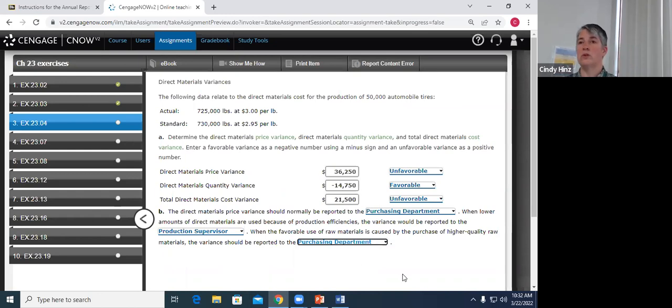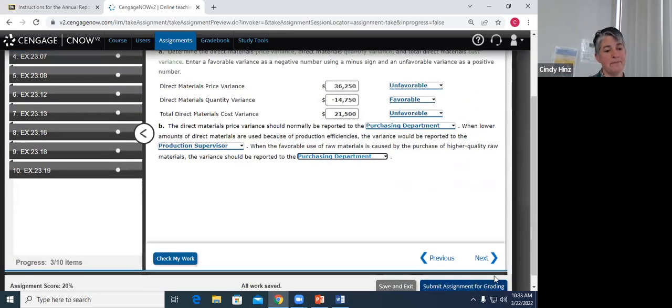Hey, we bought those more expensive raw materials and it helped us use less of that material. Maybe the answer is keep buying it. The accounting department's not going to make that decision. We're going to tell the people who make the decisions, here's what our analysis of the results shows. You figure out what to do with it.